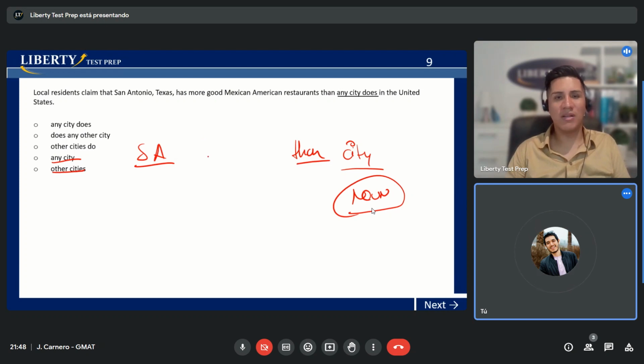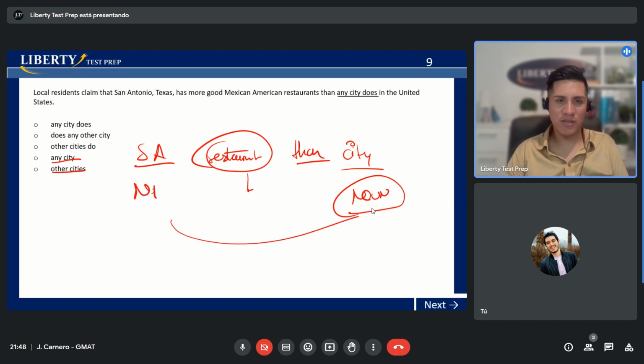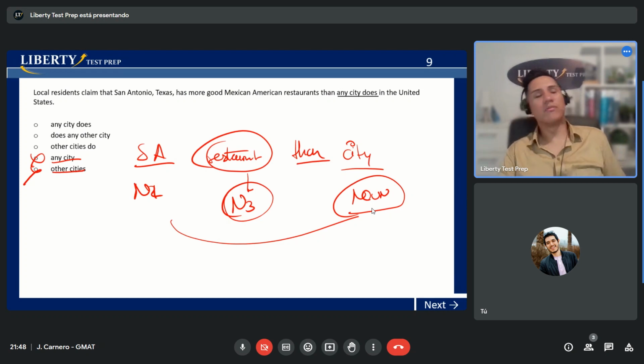That's a city. But in the middle, you have another noun. If you have this noun in the middle, between the noun that you want and the other noun, let's call this a third noun, that's ambiguous already. Okay, very good. So we are going to need some sort of verb. So this is out. Nice. That's how we do it. Then what?